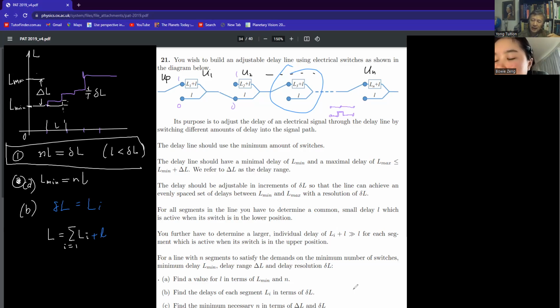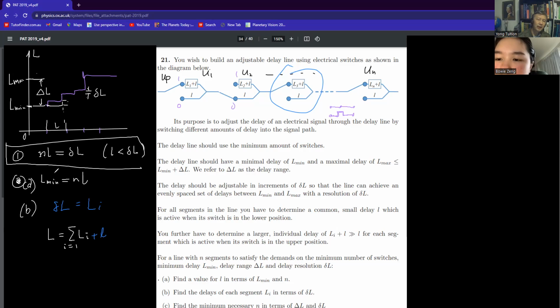But on the other hand, they also have a constraint: the small delta L must not be too small. Do you agree?